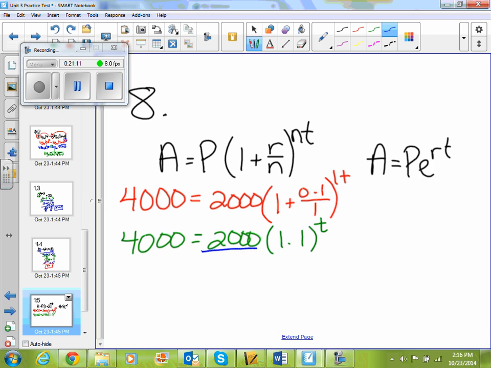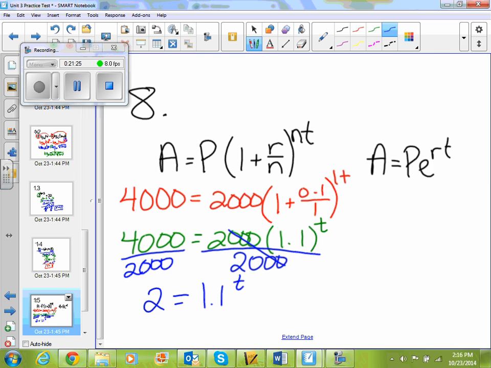Okay, so then I divide by 2,000. $4,000 divided by 2,000 is 2. So 2 equals 1.1 to the t power.